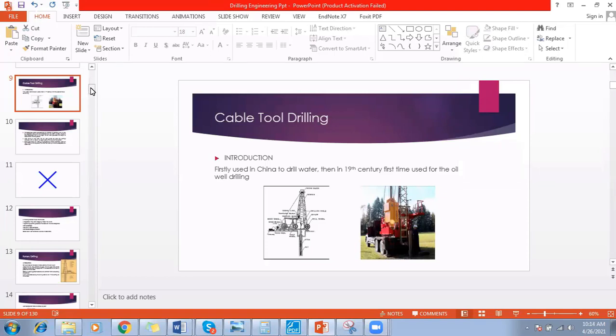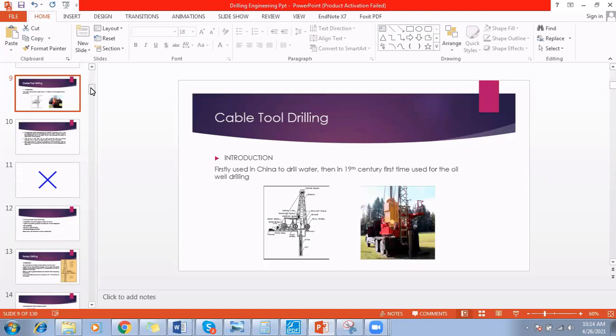Okay, students, the topic that we are going to cover today will start from cable tool drilling. Previously, we have discussed some sections of the introduction to drilling engineering, and today we will start with cable tool drilling.